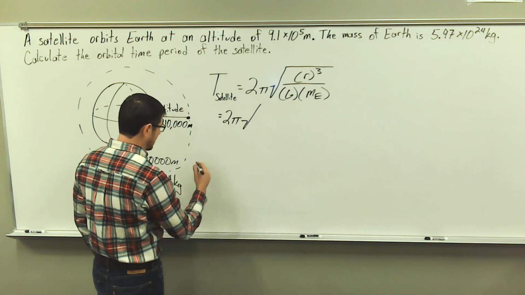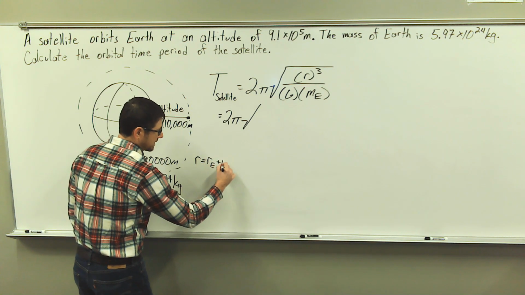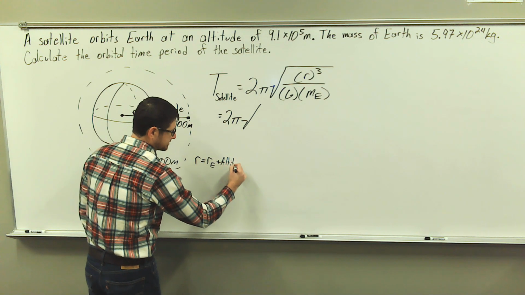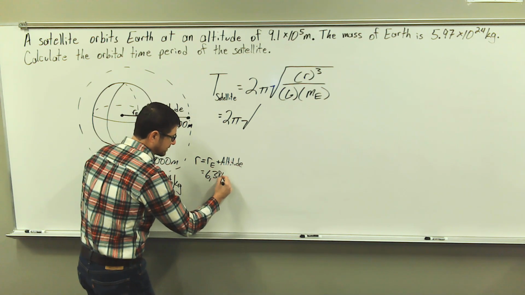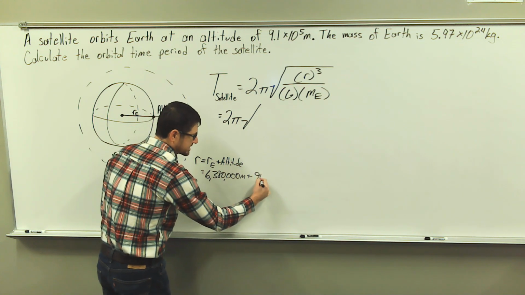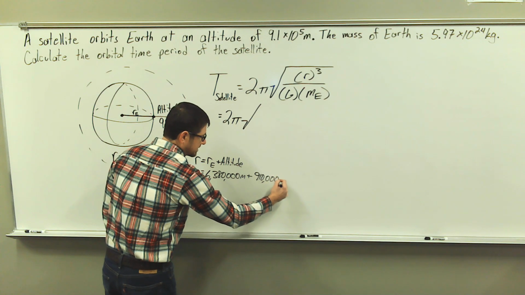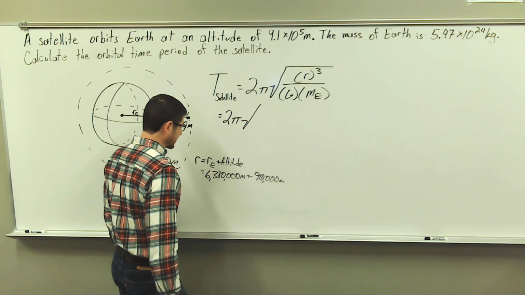So this r is equal to the radius of Earth plus the altitude. Radius of Earth is 6,380,000 meters plus our altitude is 910,000 meters. Okay.